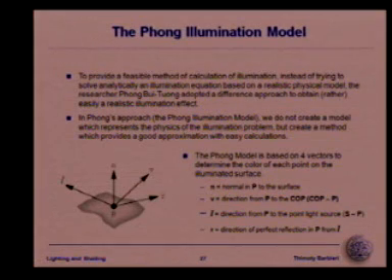This was a method devised by a researcher, Phong Bui Tuong. I think he's Korean. And Phong's approach was immediately extremely widely adopted because of its simplicity and its effectiveness.